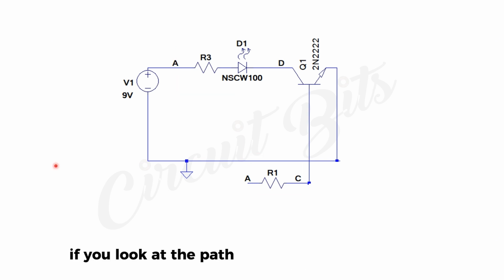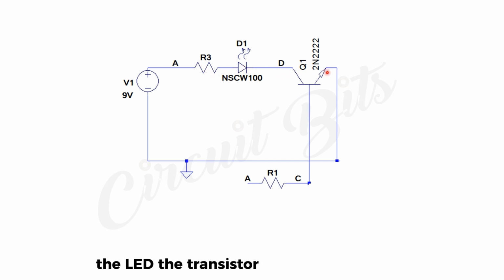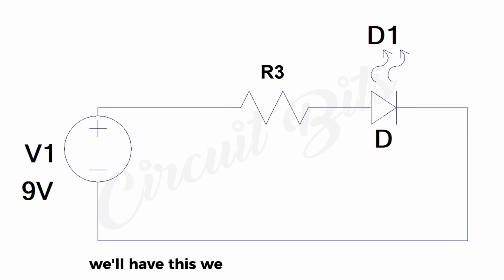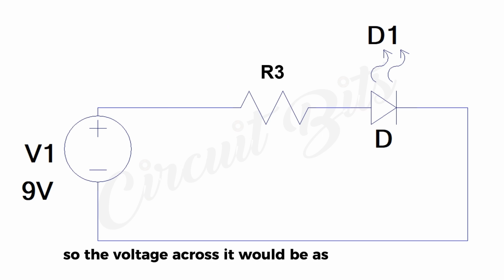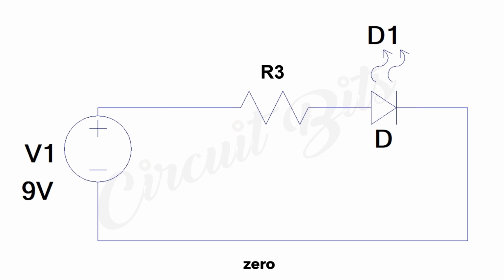If we look at the path, node A to node D across the resistor, the LED, the transistor, down to the negative, and we try to solve the voltages across this circuit, we'll have this. We have ignored the transistor because we're considering it in its closed state, so the voltage across it would be as small as we can assume it to be 0.